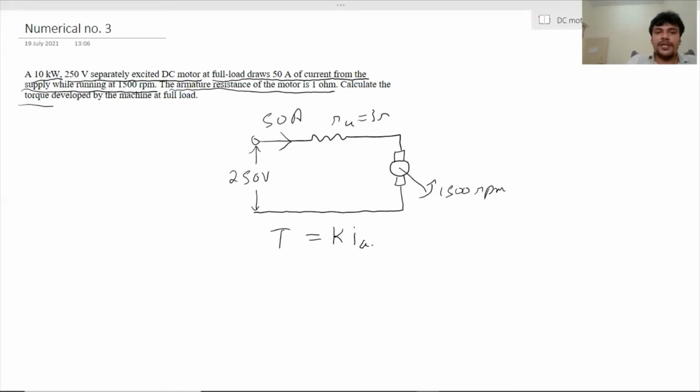So to calculate the full load torque here, you need to know K and you need to know IAFL. So the full load current is directly given here. The full load current is 50 ampere. So IAFL is 50 ampere. Good enough. But how to calculate this K? We need some data. So how to calculate this K?